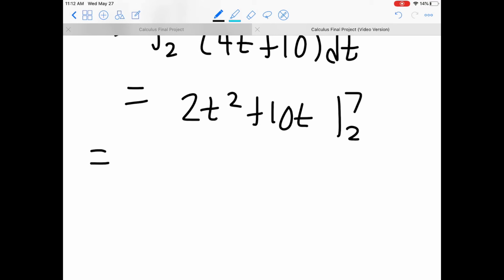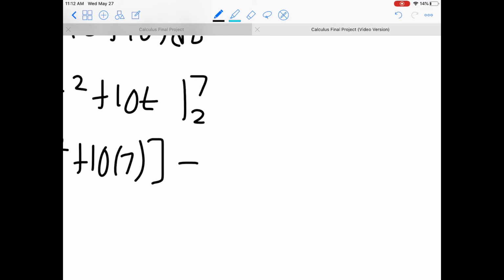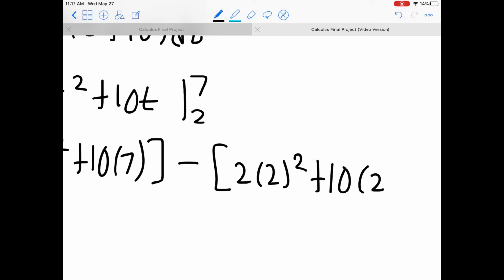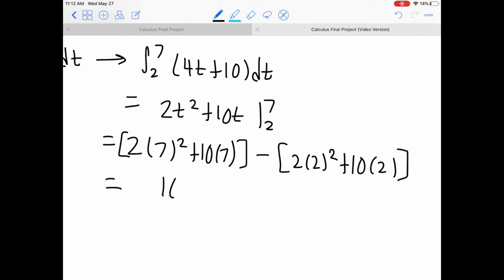The final step would be to plug in 7 and 2. So we would get 2 times 7 squared plus 10 times 7 minus 2 times 2 squared plus 10 times 2. After we simplify this, we get 168 minus 28, which gives us 140.